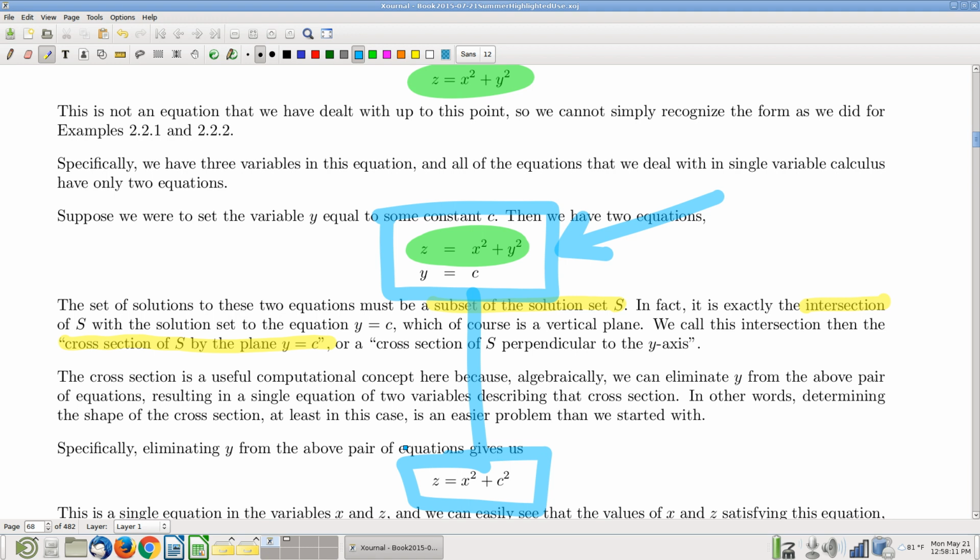If I've got a mystery shape and I want to know which points on that shape are on this plane, I'm taking a cross-section of my mystery shape with this plane. So I'm taking this surface that I don't understand, cutting through it vertically, and taking a cross-section.